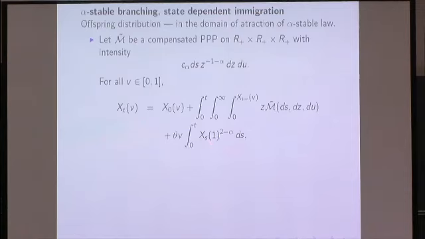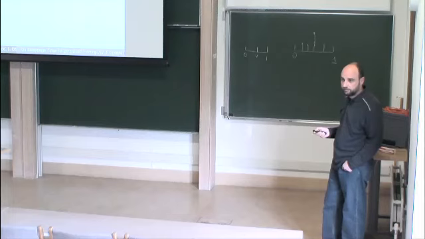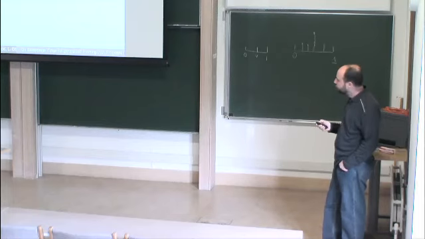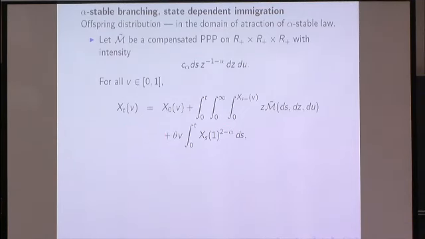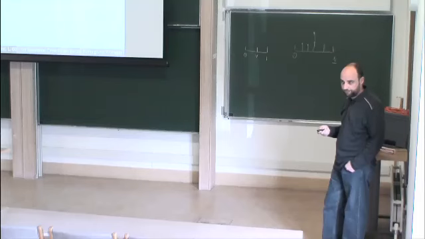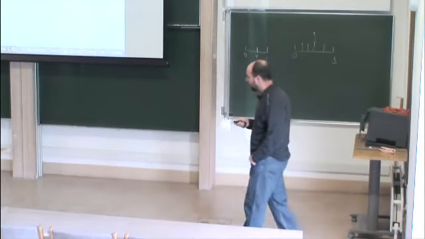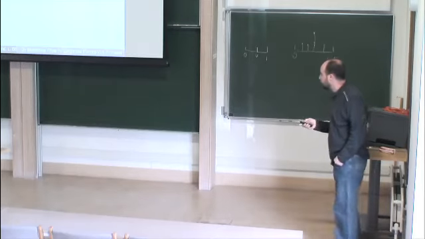And by the way, since we'll take alpha between 1 and 2, this is a non-Lipschitz function. So in a sense, you have here an SPDE with a non-Lipschitz function in the drift term. Okay, but this is what one needs.